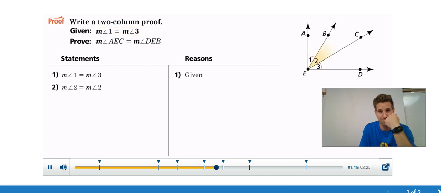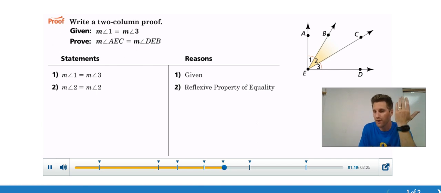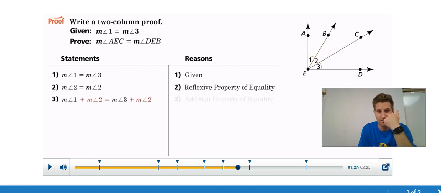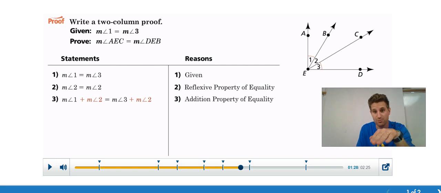That's what we did. Okay. Now, they said 2 is equal to 2. Now, I probably should have said that, but we knew that 2 is equal to 2. 1 is equal to 3, and they added 2 to both sides. So they're taking a different approach to this than I did. So they did addition property of equality, which is fine.